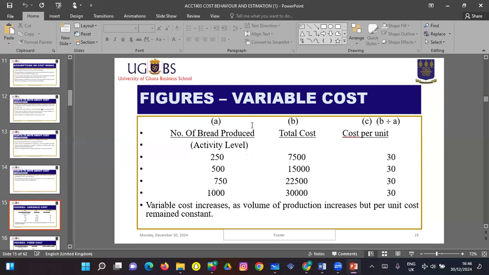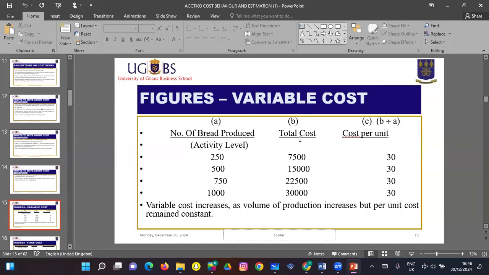All right. So this is the figure for the variable cost, right? We can see the activity level is changing here: 250, 500, 750, and the like. 1,000 is also here. Total variable cost also increases from 7,500 to 15,000, to 22,500, to 30,000, right?